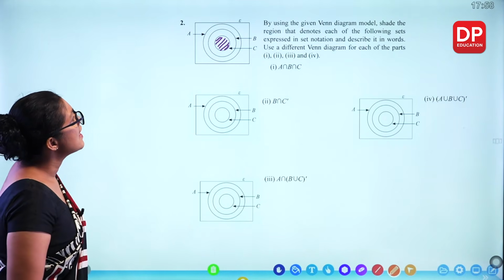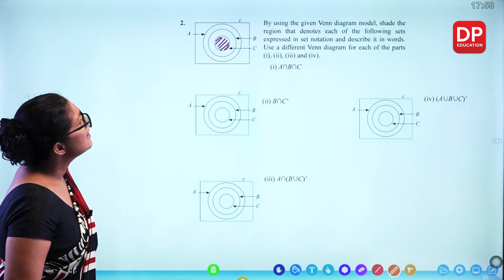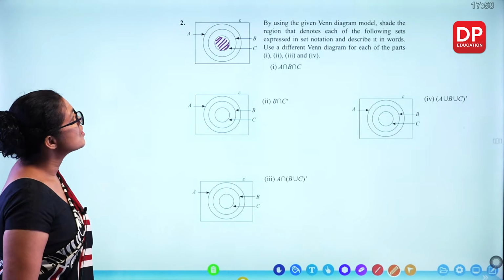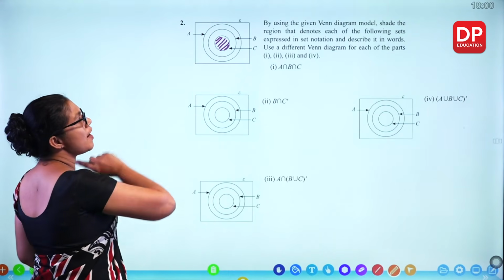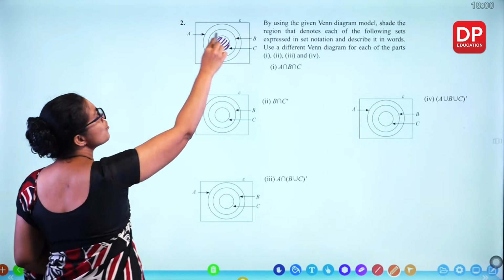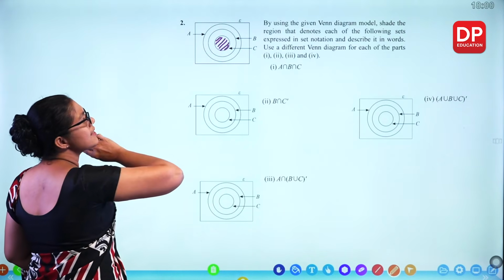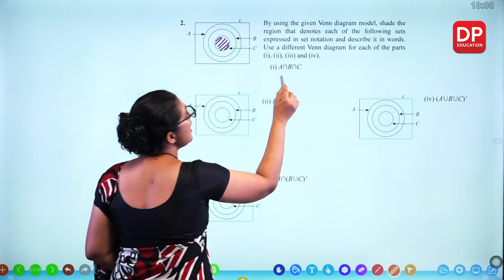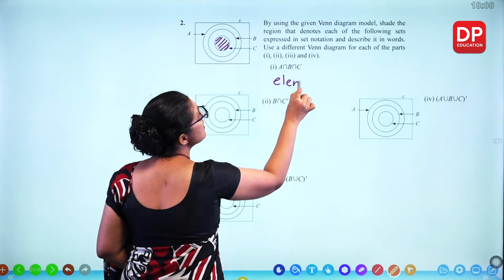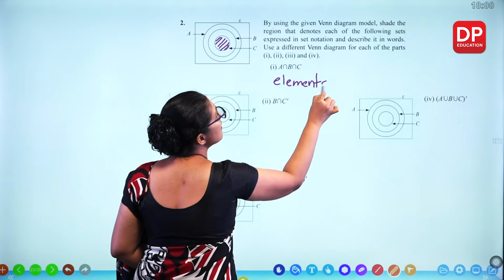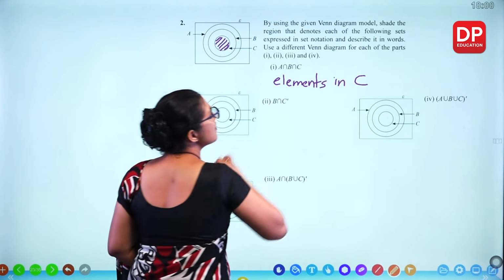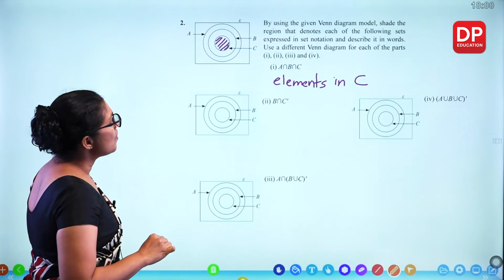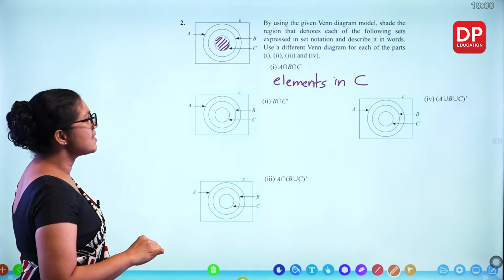So you have to write in set notation. So how can we describe this one? This belongs to full C set. So we can write elements in C. Then the next one, B intersection C dash.